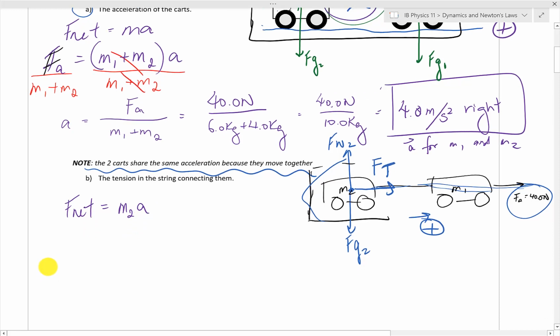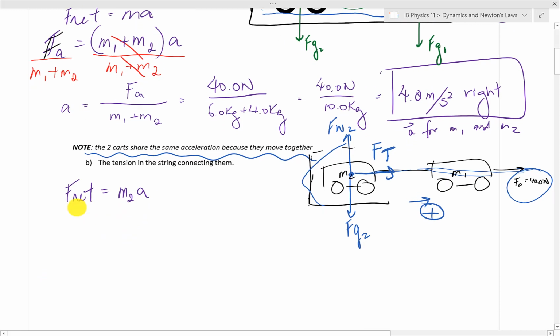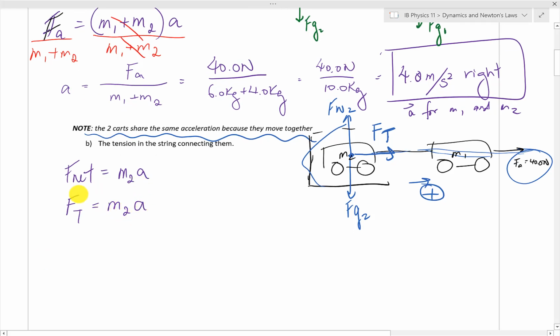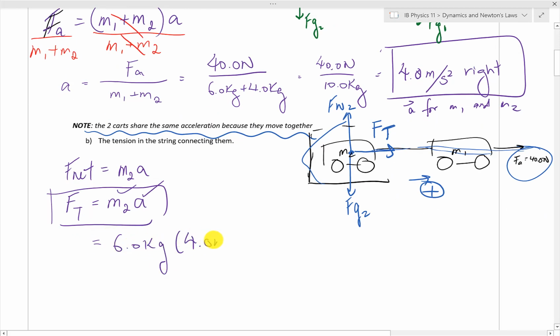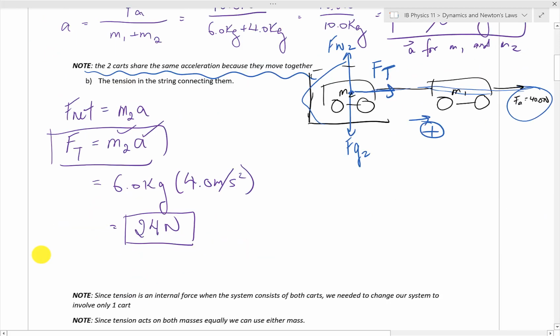The only force acting on M2 in the forward direction is the tension force. Our F-net equation simplifies to this one we have here. We have the mass of M2, we have acceleration, so let's plug and chug. We get 24 newtons after we multiply the two.